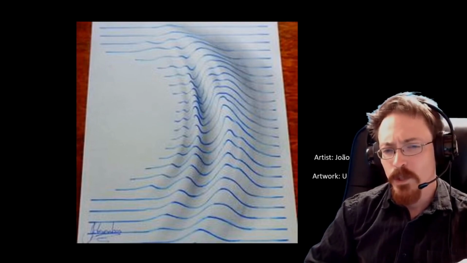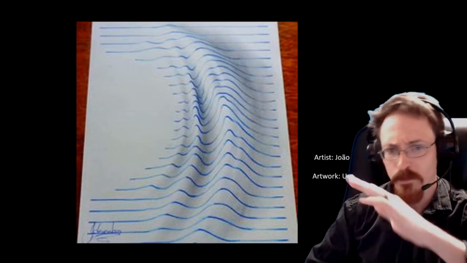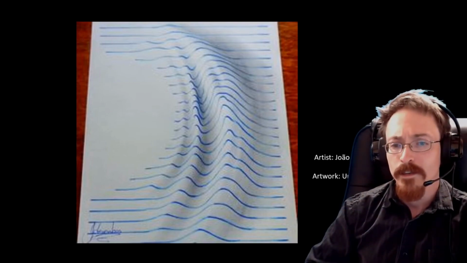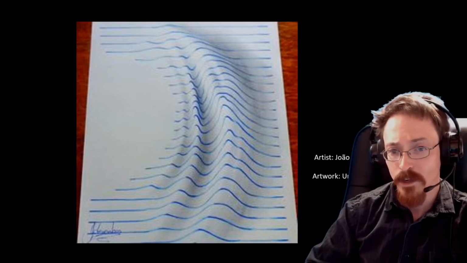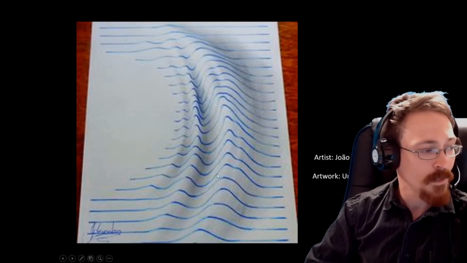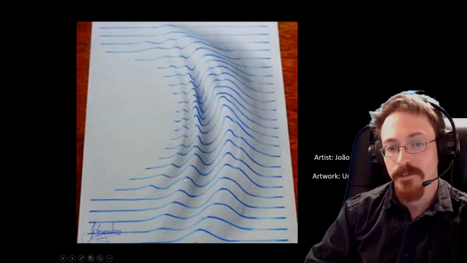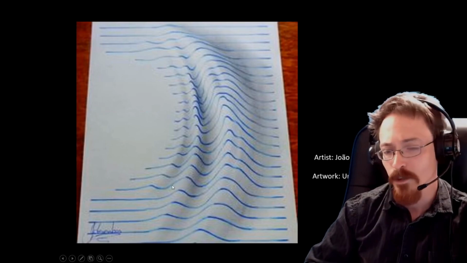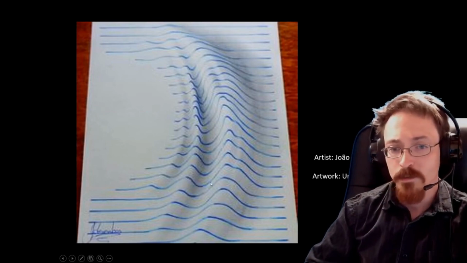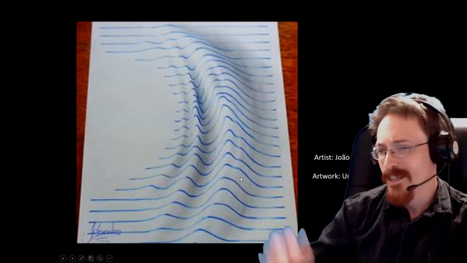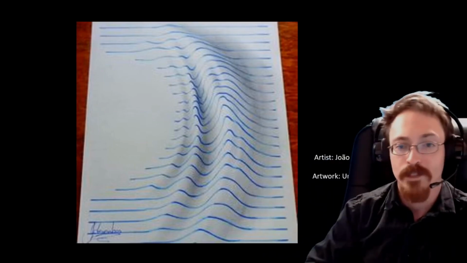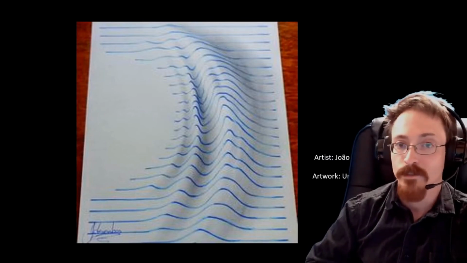The reason it looks like it's waving, kind of like ocean waves, curving up and down, is because the line goes up and gets really thick, then goes down right over here and gets very thin, and then it curves right back up and gets into a thicker line and then curves down and goes into a thinner line. The distance between the lines is different and that gives you the illusion that it's actually bending and curving and waving in space. In reality, it's just a flat piece of paper.